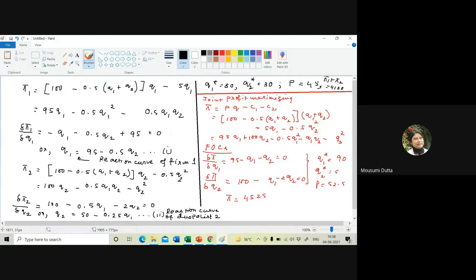So when they are going for individual level profit maximization, their profit is lesser compared to the joint profit maximization case. Always you will get this. However, if you look at the output solution, in the first case the second firm is producing 30 units and the first firm is producing 80 units. So in the market, there will be 80 plus 30 units of commodity.